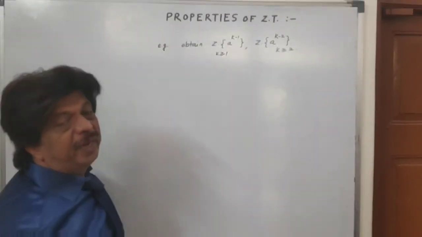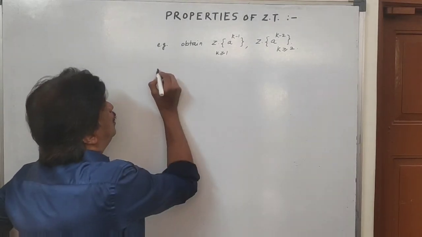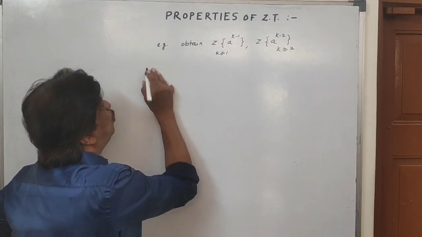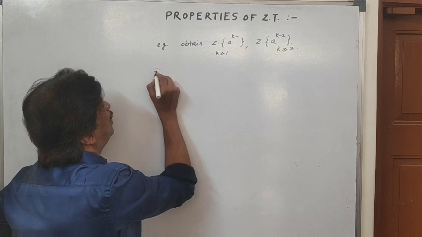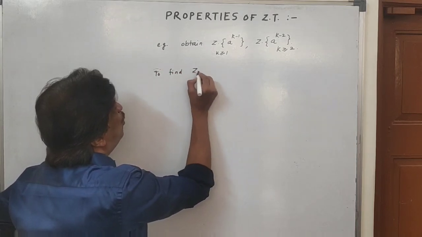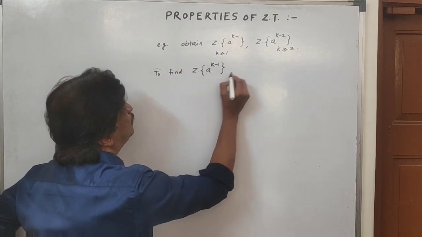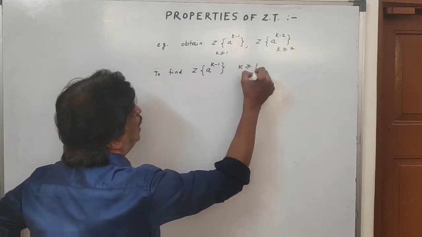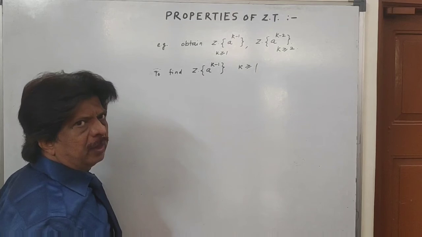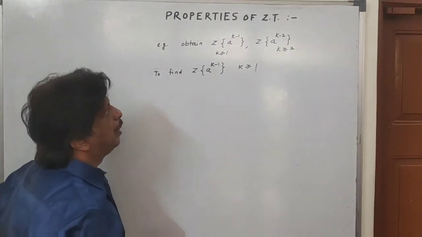That is the indexing requirement for obtaining the Z transform. Now, to find Z transform of a raised to power k minus 1, k greater than or equal to 1. Sequence should always be non-negative.